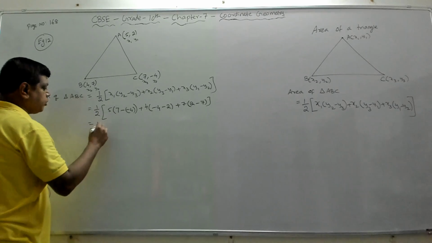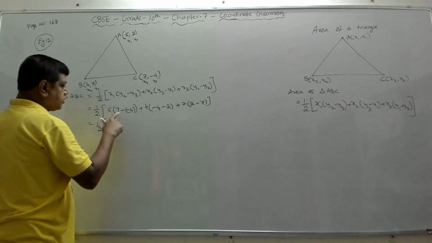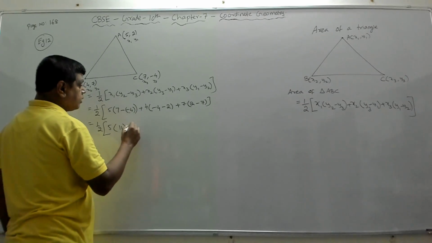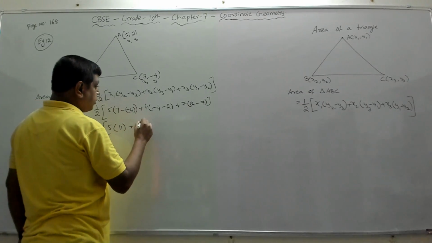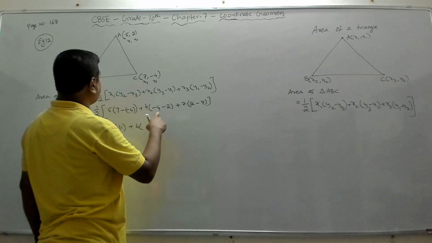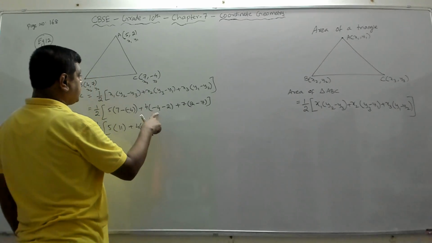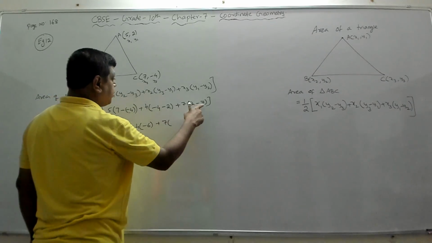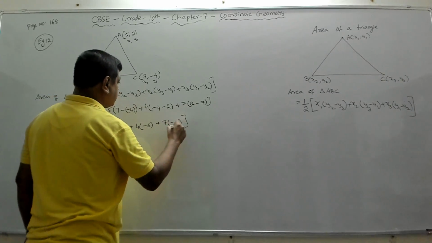So you get 1/2 of 5 into 7 minus minus 4, which is 7 plus 4 is 11, plus 4 into minus 4 minus 2, which is minus 6, plus 7 into 2 minus 7 is minus 5.